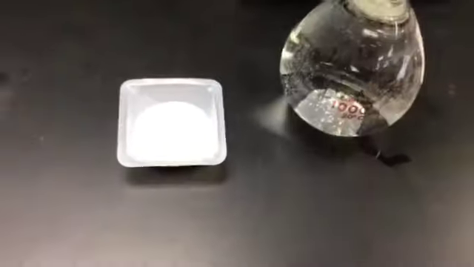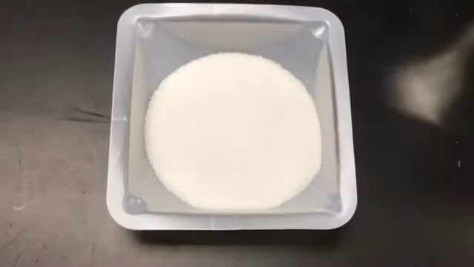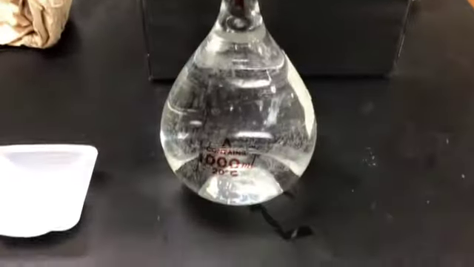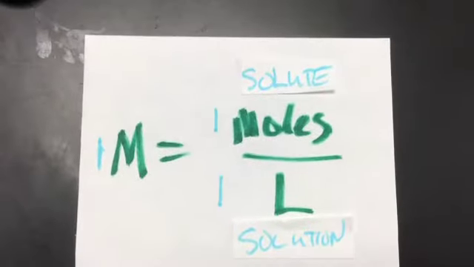And now here's where our problem comes in. If this is 1 mole of our solute, and this is 1 liter of our solvent, is that going to make the correct molar solution that we saw before, which is this formula here?